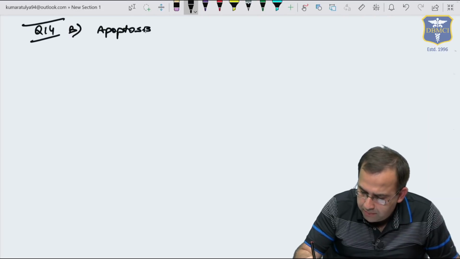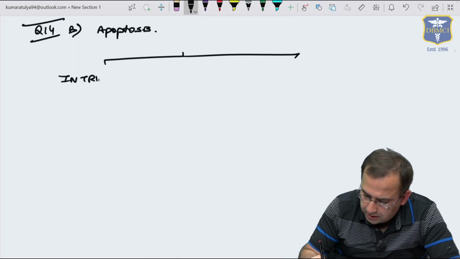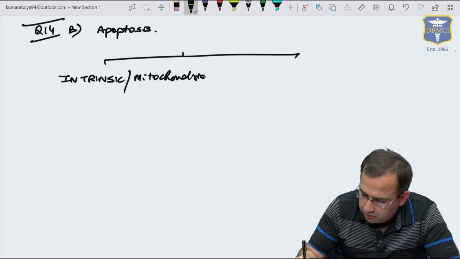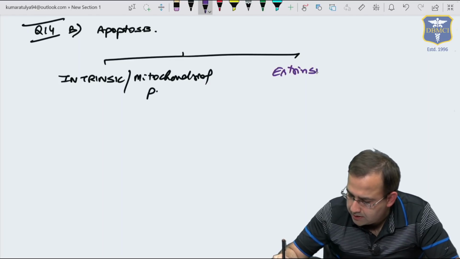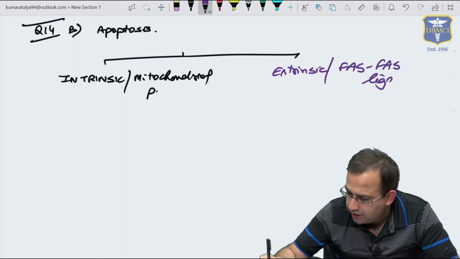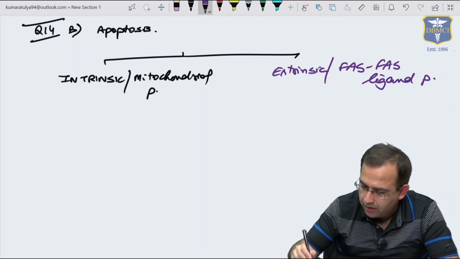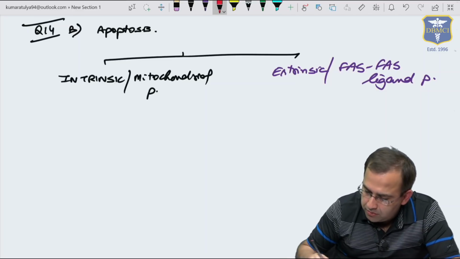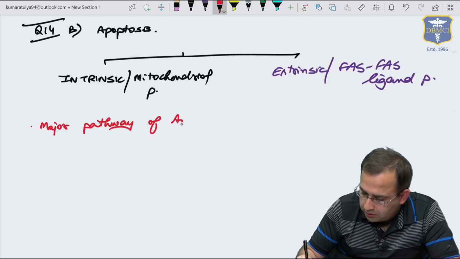You very well know apoptosis has two pathways: intrinsic or the mitochondrial pathway, and the extrinsic or Fas ligand pathway. Which is the major pathway of apoptosis? The intrinsic pathway.